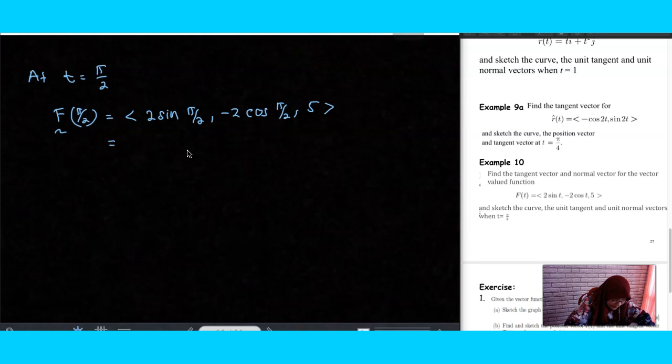So you will get, this is 1 and this is 0, so you will get 2, 0, 5.